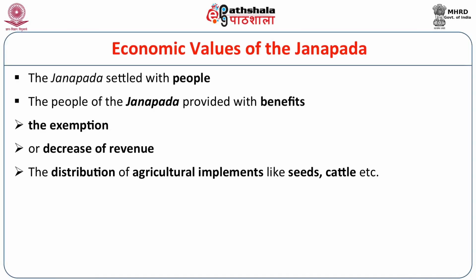Number 3, the distribution of agricultural implements like seeds, cattle, etc. These are to be performed by the Shitadhaksha, but these, particularly providing seeds, plough, etc., may be called agricultural loan, like what we avail today.